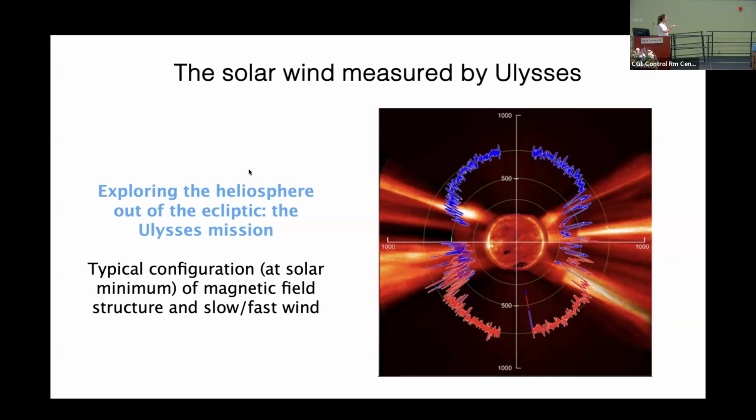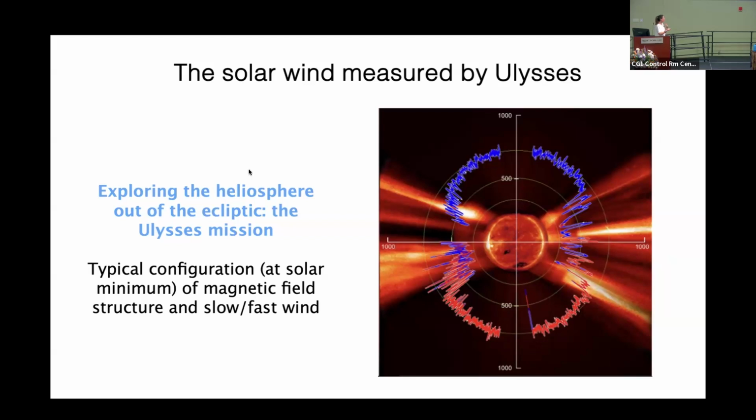And this is many years of observations by the Ulysses mission, which is so far the only one who really explored the polar regions, okay? And this is superposed to a snapshot of a composition of white light images and ultraviolet images, okay? And this superposition is meant to guide the eye in finding correlations between wind structures and magnetic structures.